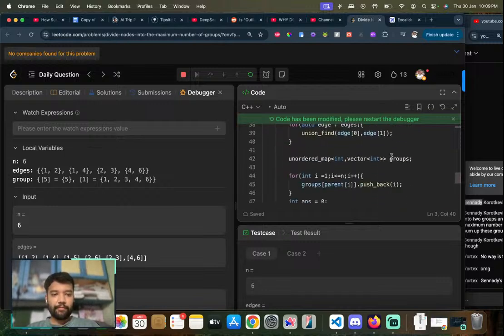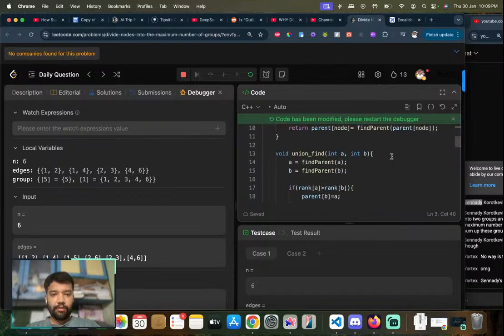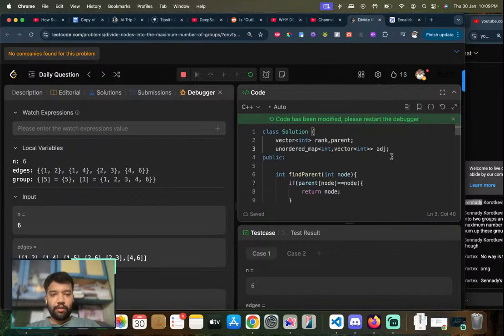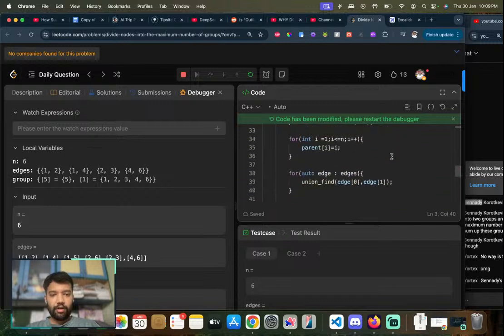Now, where do I fill this adjacency list?